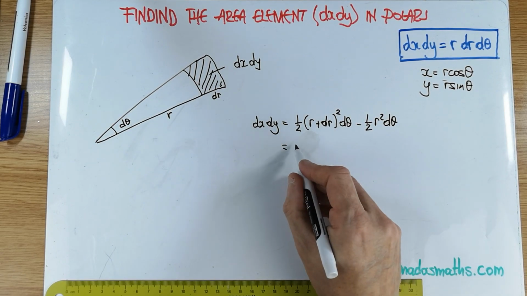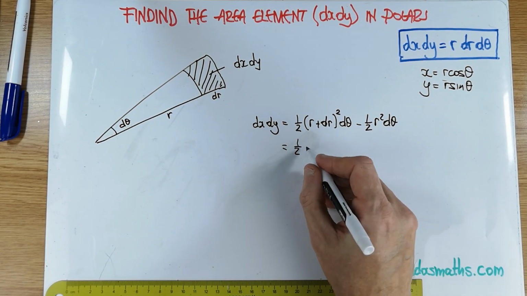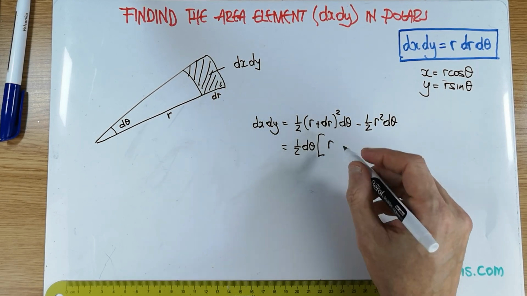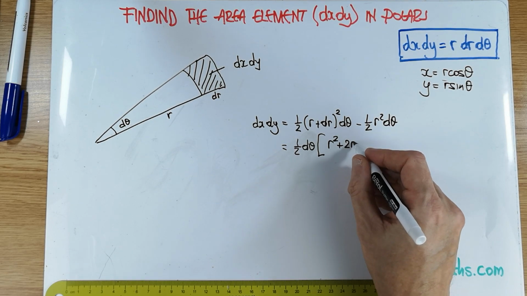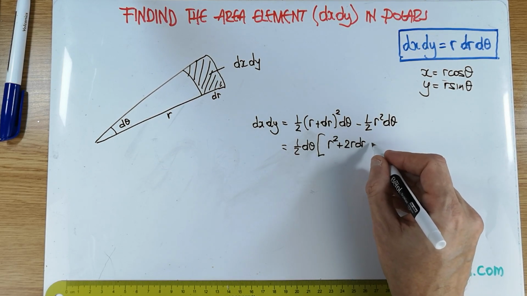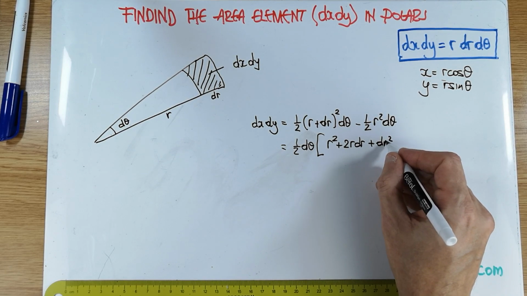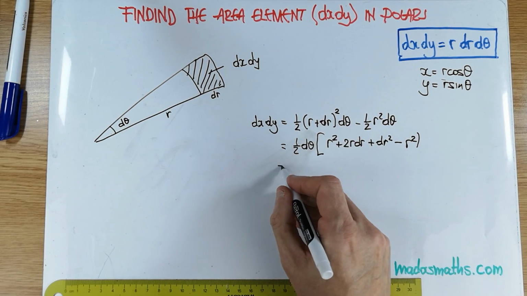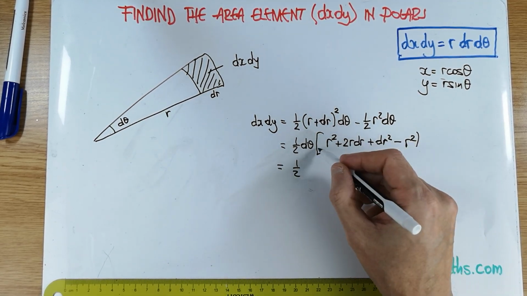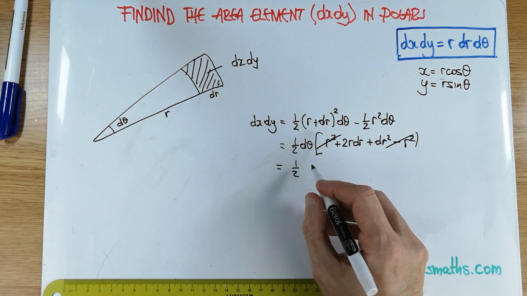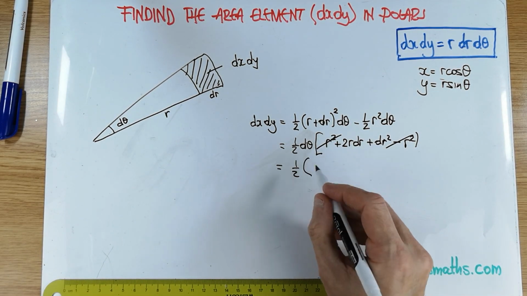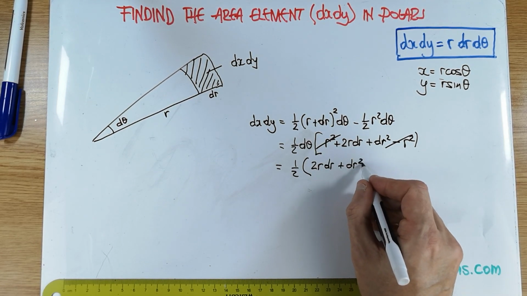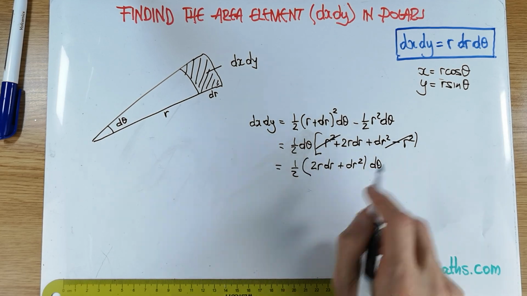I'm going to factorize a half d theta, and I'm going to square this bracket, it's going to give me r squared plus 2r dr plus dr all squared minus r squared. And this, of course, will give me a half, the r squareds cancel here, and I'm going to get 2r dr plus dr squared, and I write the d theta back at the end.